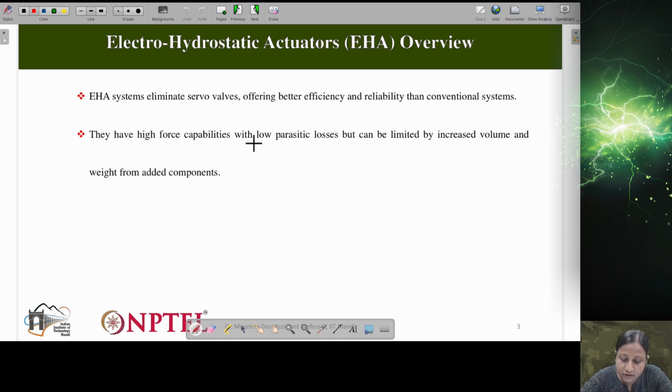They have high force capabilities with low parasitic losses, but can be limited by increased volume and weight from the added components.